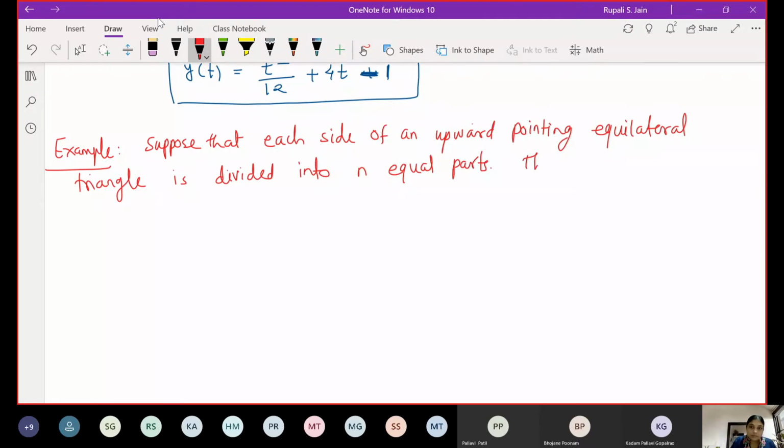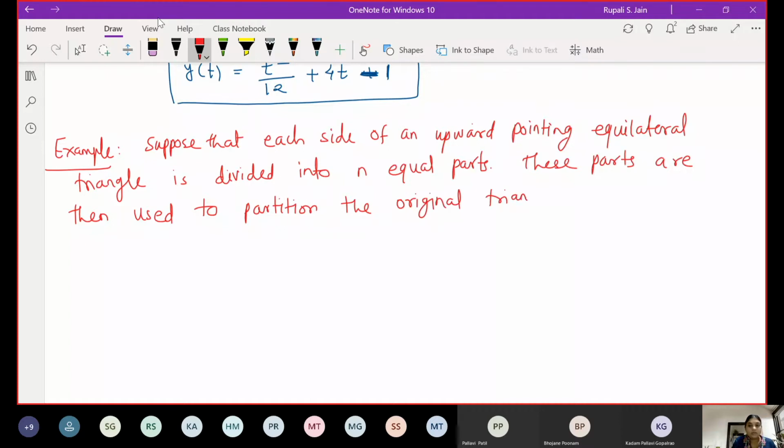These parts are then used to partition the original triangle into smaller equilateral triangles.